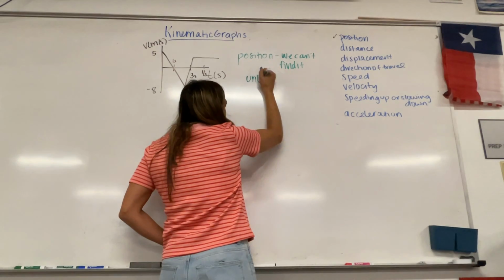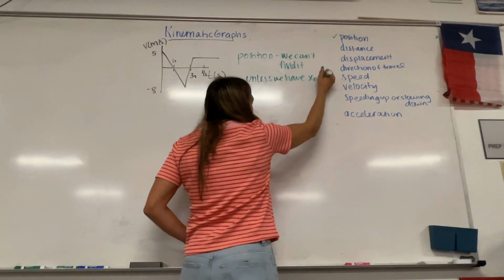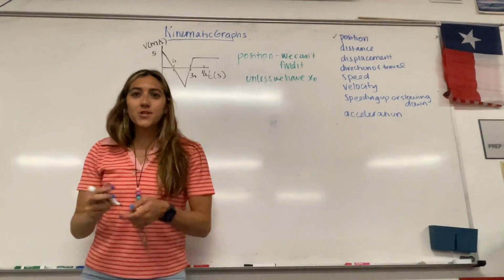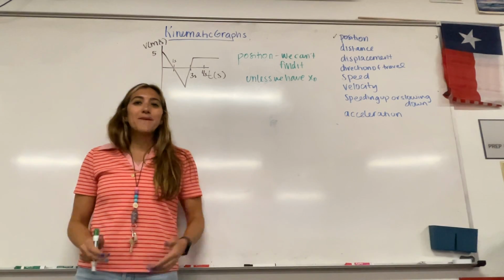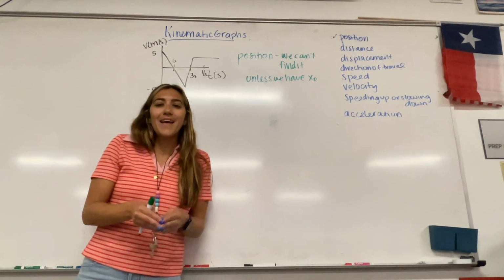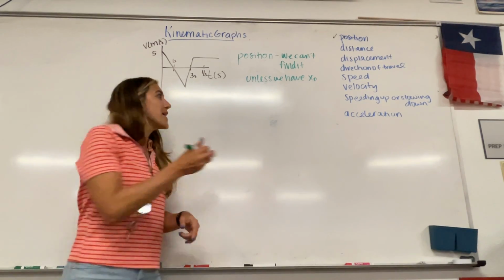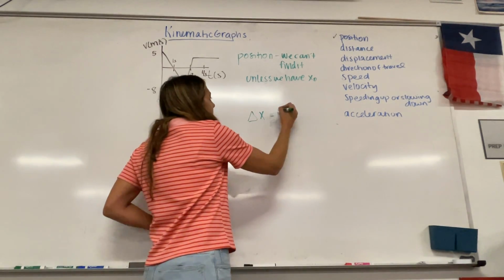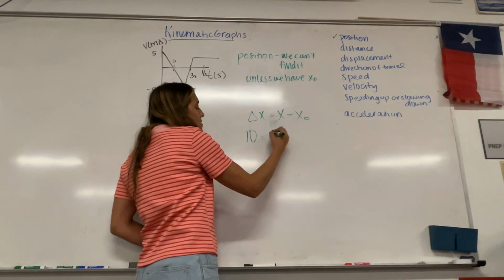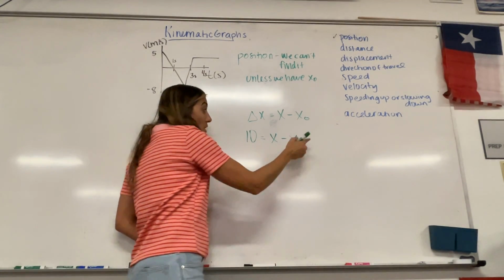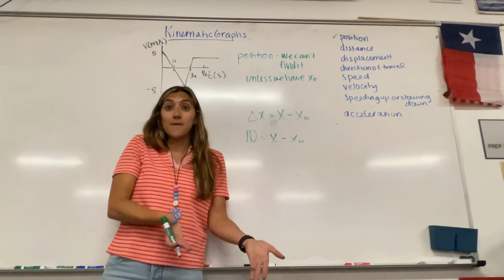Unless we have initial position. It's not on this graph anywhere. What we're about to talk about is that we can find distance and displacement, but if I don't know where I started, then distance and displacement can't help me figure out where I am now, right? Displacement is x minus x naught. So if I know I was displaced 10 meters, but I don't know where I started, I still can't figure out where I am.